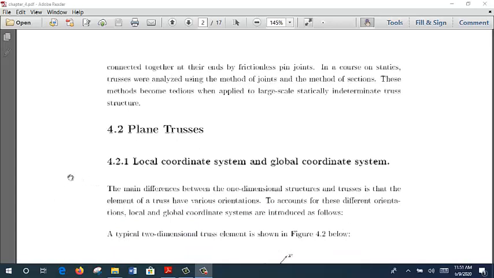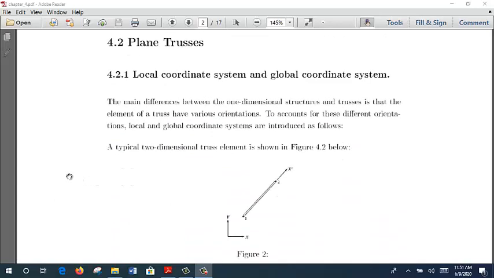The point that we need to highlight is the difference between the local and the global coordinate system. I think you are quite familiar with the local and global coordinate systems from our previous lesson, right? So it is just similar.